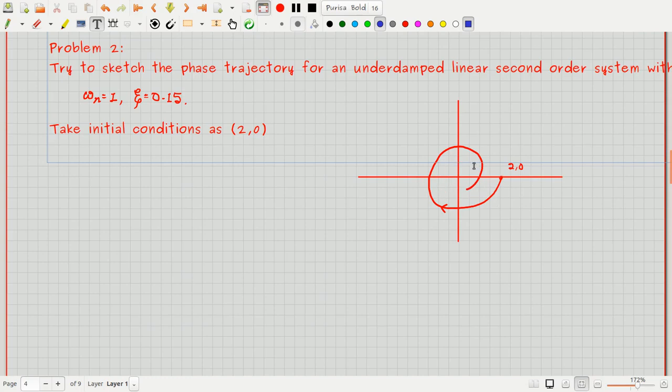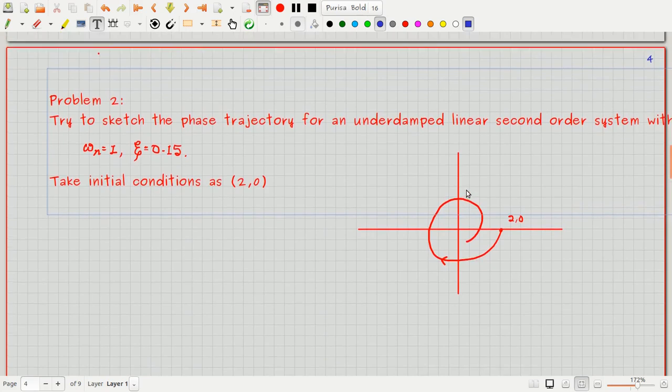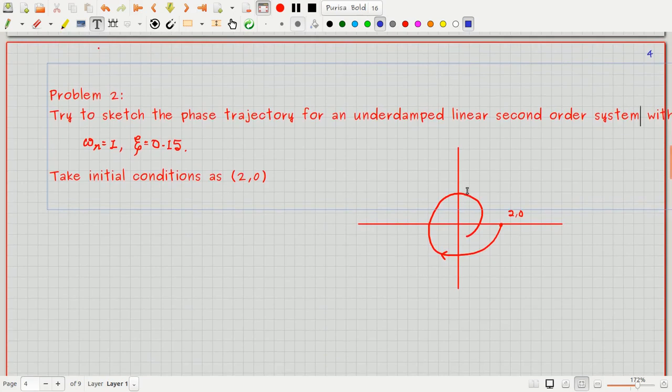Otherwise, you cannot go round and show that it is equal to 0. Showing the pattern of the curve is enough. So this is the work that you have to do: sketch the phase plane trajectory for an underdamped linear second order system with omega n equal to 1 and zeta equal to 0.15.